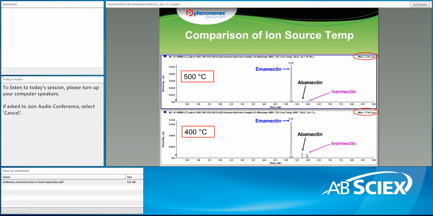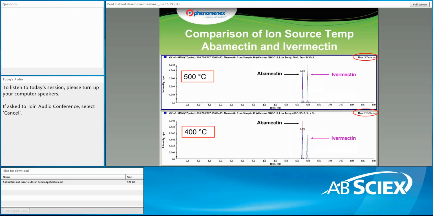So in this case, if you take a look at the top trace, emamectin is fairly stable, but abamectin and ivermectin pretty much disappear at 500 degrees Celsius. But at 400 degrees Celsius, we do manage to see both abamectin and ivermectin, even though we do lose some sensitivity for emamectin.